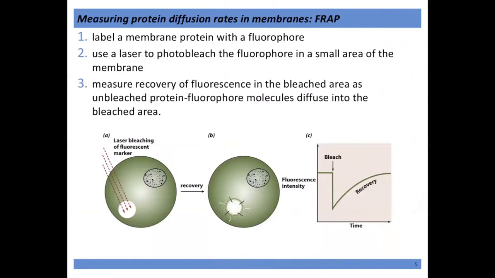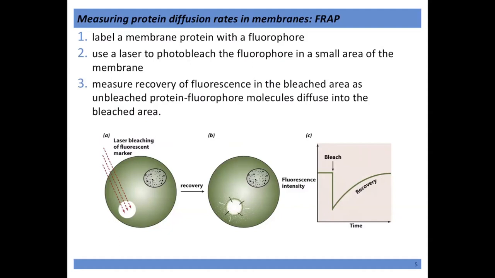So we talked about how the lipids can actually move translationally, meaning through the same leaf of the bilayer, but they tend not to flip-flop. And we'll address those topics.